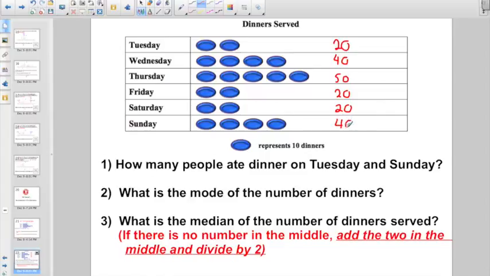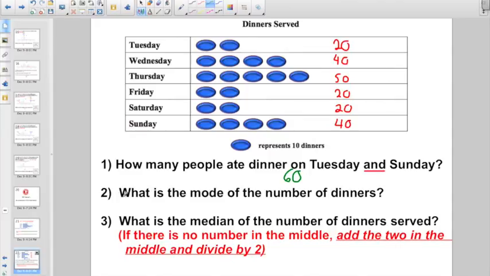So our first question up right now, they are saying how many people ate dinner on Tuesday and Sunday. Well, that looks like an adding problem. If I had 20 people on Tuesday and 40 more people on Sunday, that looks like I had 60 people eating dinner, right?